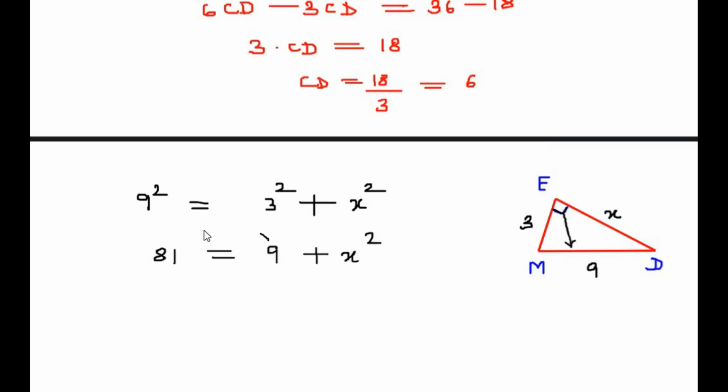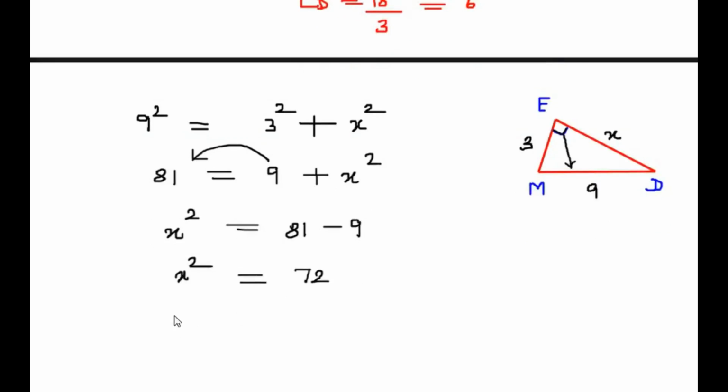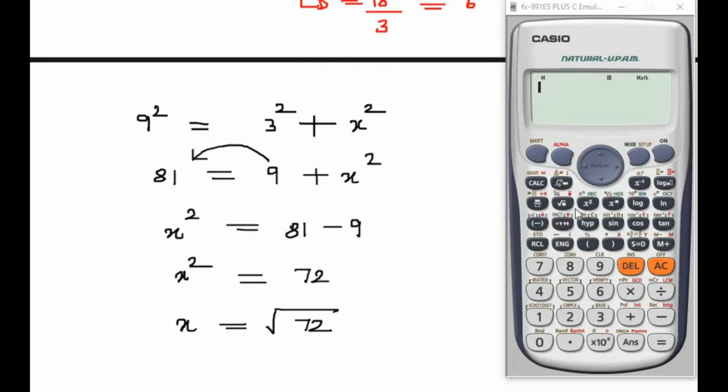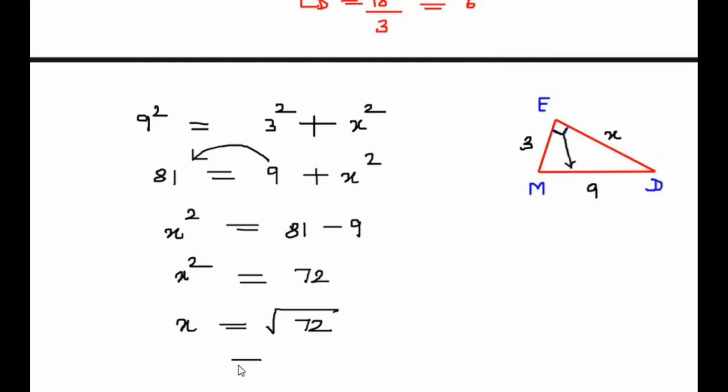Now taking 9 on the other side of the equal to sign, we get X square is equal to 81 minus 9, which gives us X square is equal to 72. And sending the square on the other side, we get X is equal to square root of 72. Square root of 72 gives us 6 root 2. So the value of the line segment ED is 6 root 2 units. So this is our value.